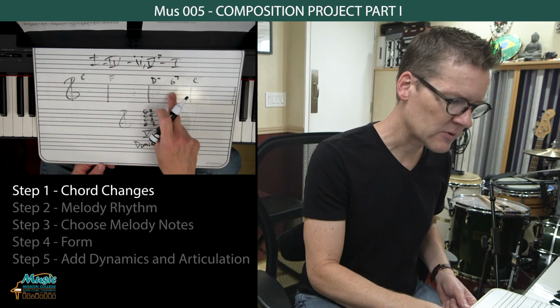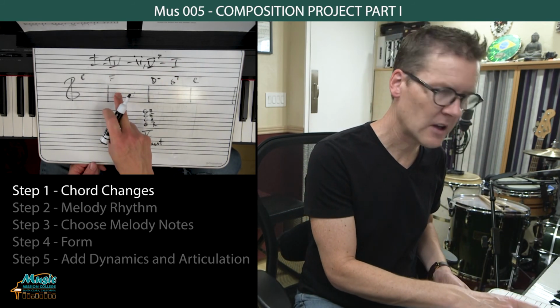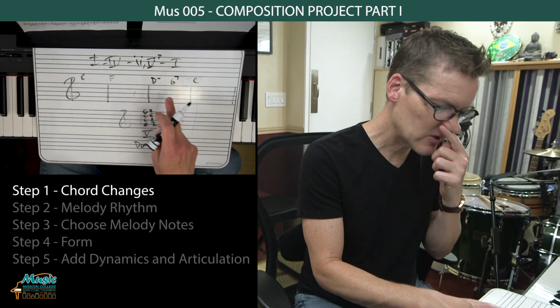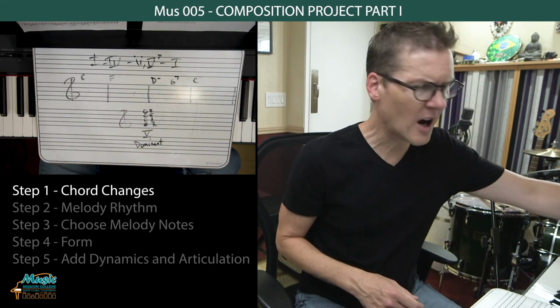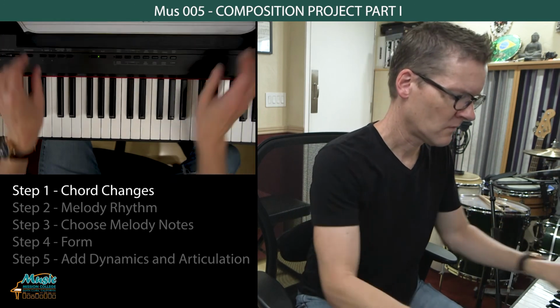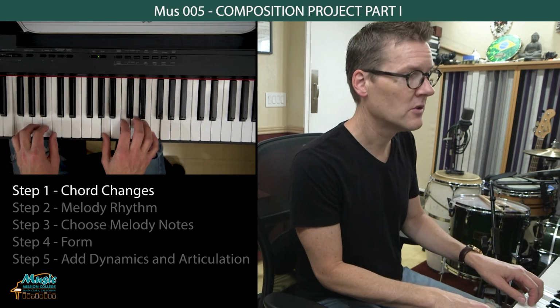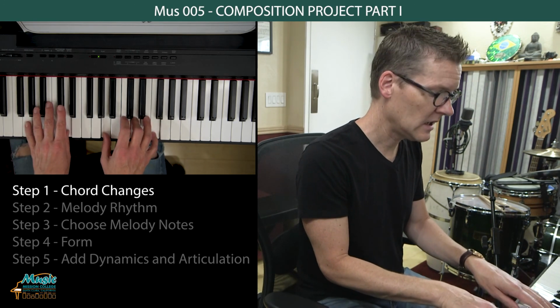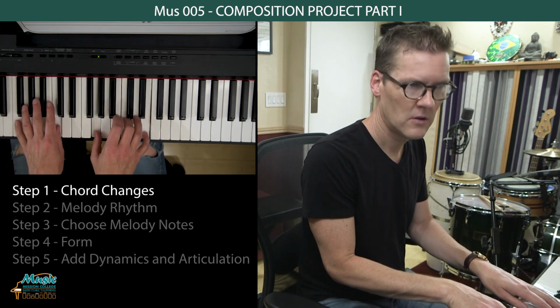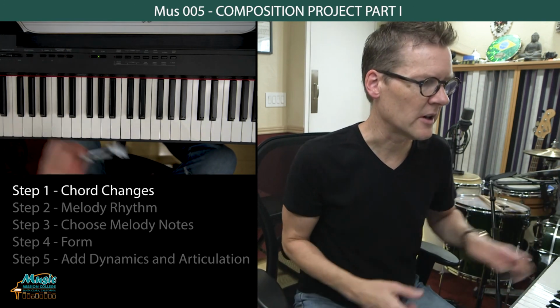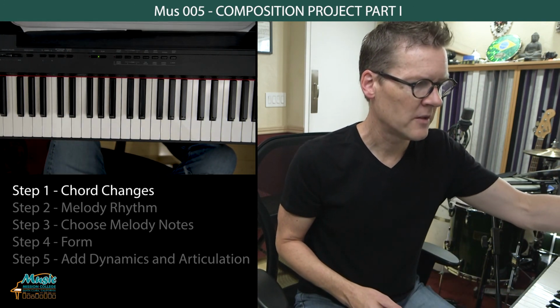So what that looks like is right here, where I have C for one measure, F for one measure, D minor, G7, C. I'll play it and you'll hear it. C, 2, 3, 4, F, 2, 3, 4, D. Right, so it goes by quicker. I'm playing 2 chords inside of one measure right there. Okay, that's step number 1.